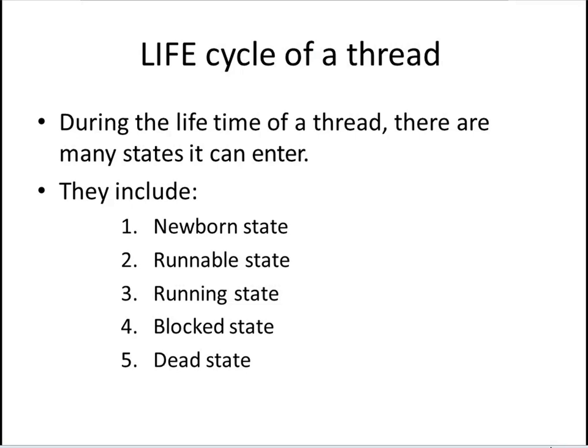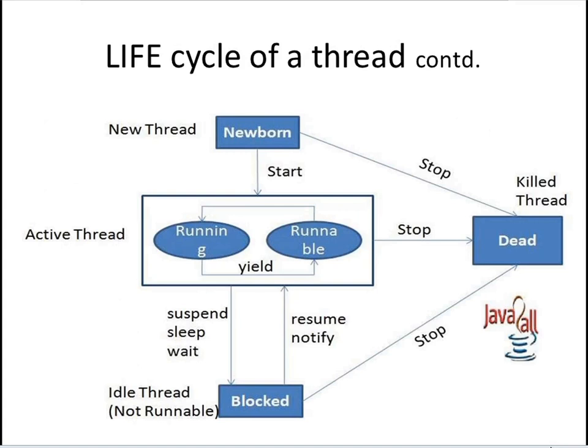We are going to see all this in detail with the help of a diagram. Here is the life cycle of thread. First a newborn thread is generated, then with the help of the start method, this thread goes into the run state or running state or runnable state, and the running state and runnable state together we call the active thread.